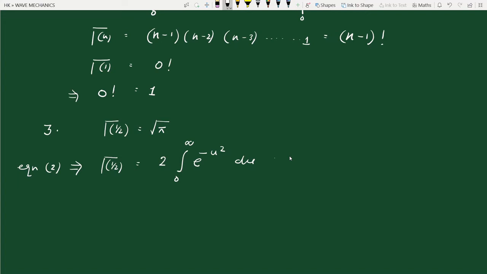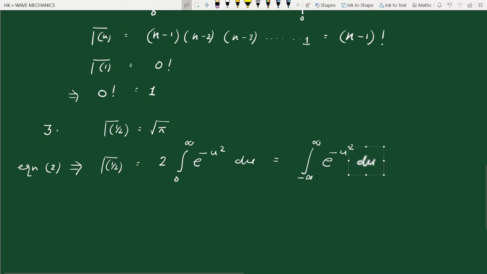You can see that the integrand is an even function, so we can rewrite this as the integral from minus infinity to plus infinity of e raised to minus u square du. E raised to minus u square is a Gaussian function, so this is clearly a Gaussian integral. So gamma half is connected to a Gaussian integral directly.